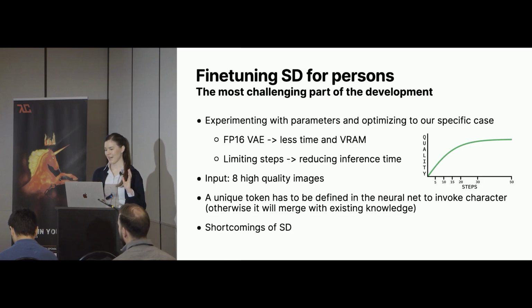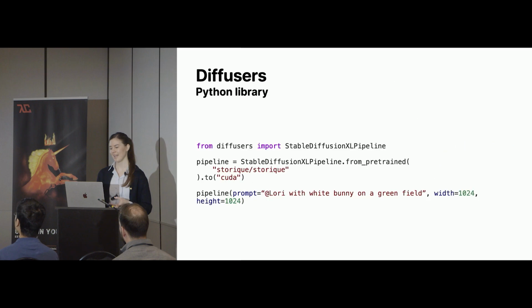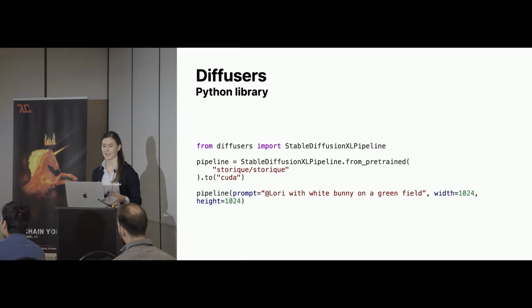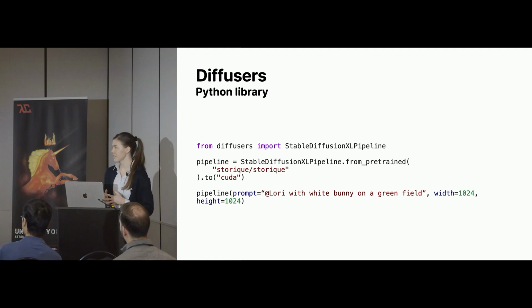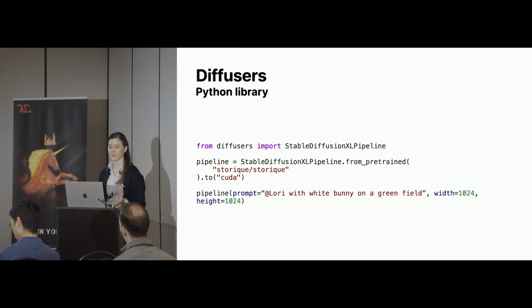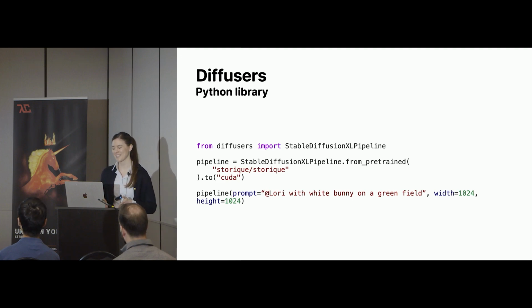So now we have fine-tuned models. The user is able to fine-tune the models thanks to Aurora. And now we can use this model, and we can use the Diffusers Python library to call the model, give it a prompt, and actually generate pictures. The Diffusers library is Hugging Face software, and Hugging Face is an open source community.